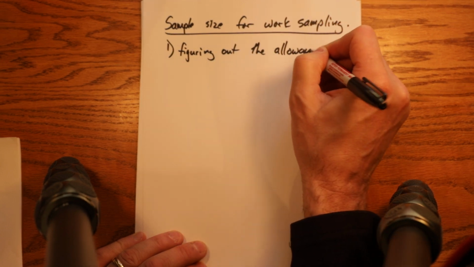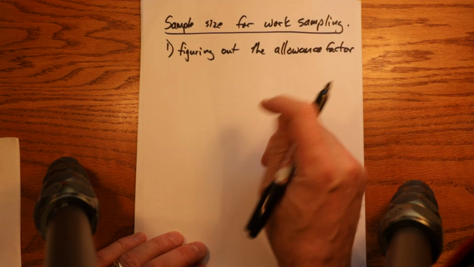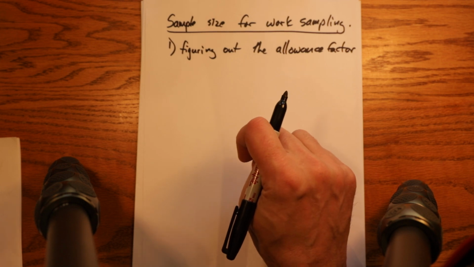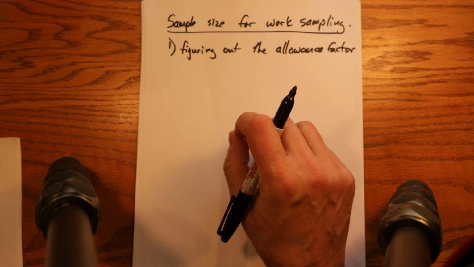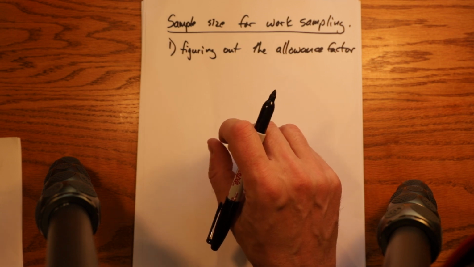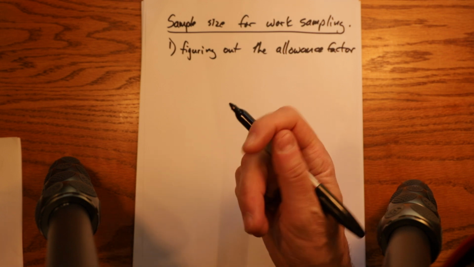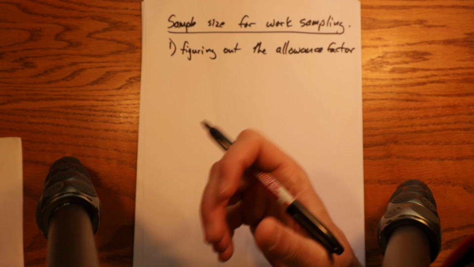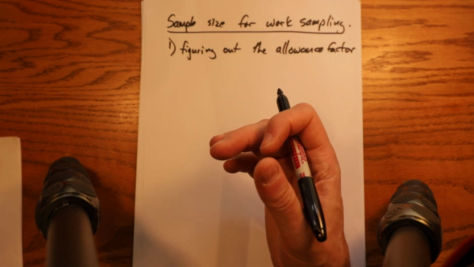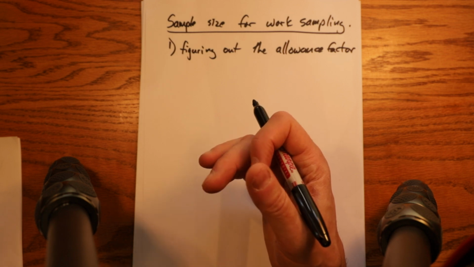And if you remember, the allowance factor was the amount of time that you adjust time for stuff that isn't critical to the task. So it is breaks, it is replenishing. I think I used the example in the lecture of a housekeeper. So they're not only making up rooms, but they're replenishing their carts, they're taking breaks, they're going up and down between rooms and those sorts of things.